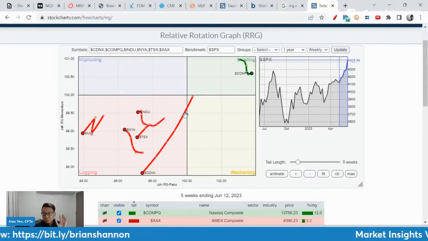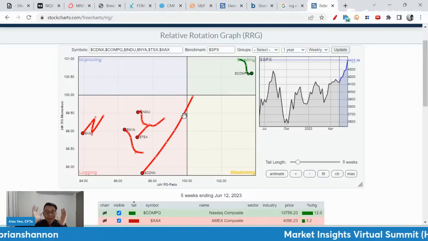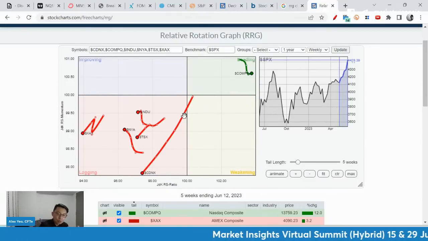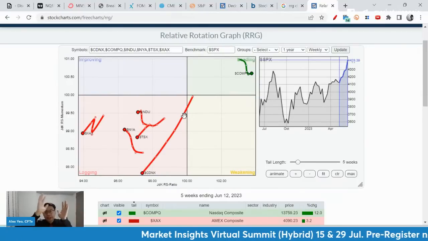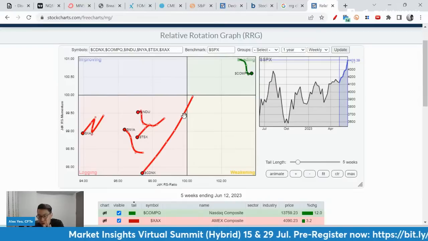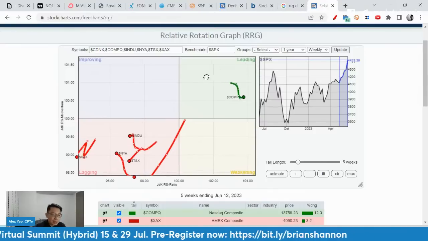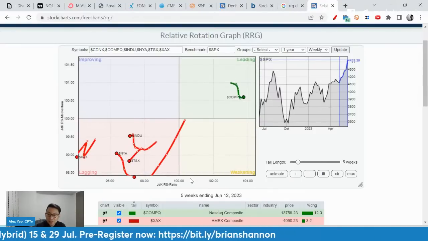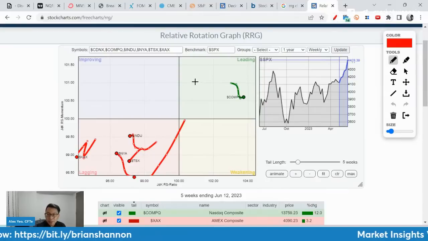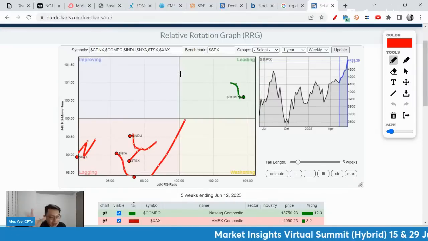In sector rotation, a sector always goes from weak, then starts to improve, then goes to leading sector or leading industry, then weakens. The green one is leading, then weakening, then lagging, then improving. It is really like rotating.